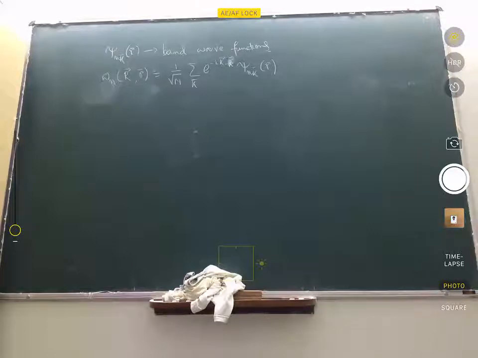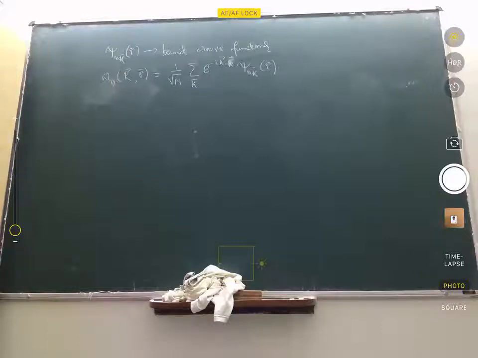So for a particular band, you combine all the wave functions at different k's for that band. That is the sum over k with these phase factors. And that will give you some function which is localized around the lattice point capital R.